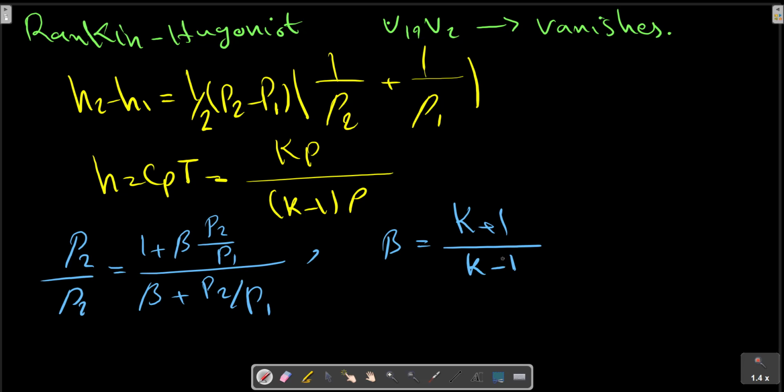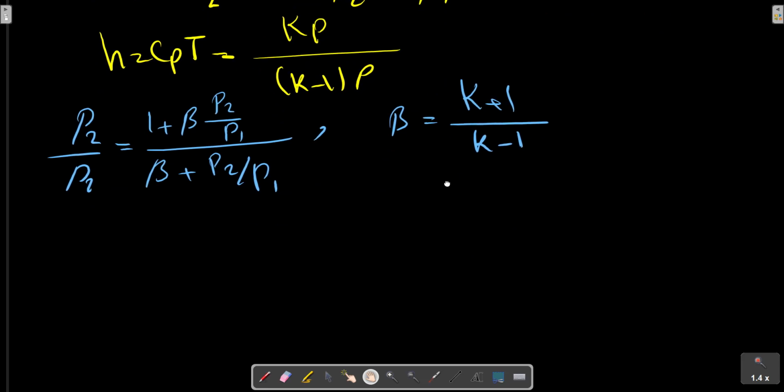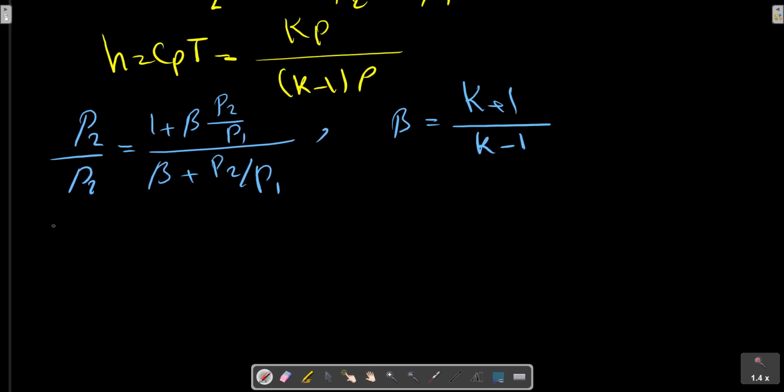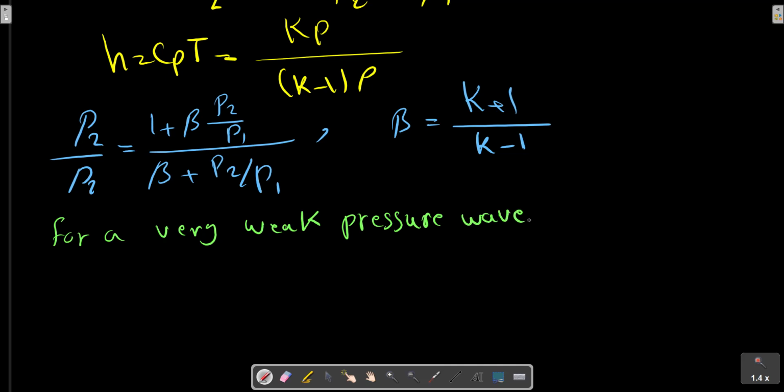We can compare this with the isentropic flow relation we had before for a very weak pressure wave in a perfect gas.